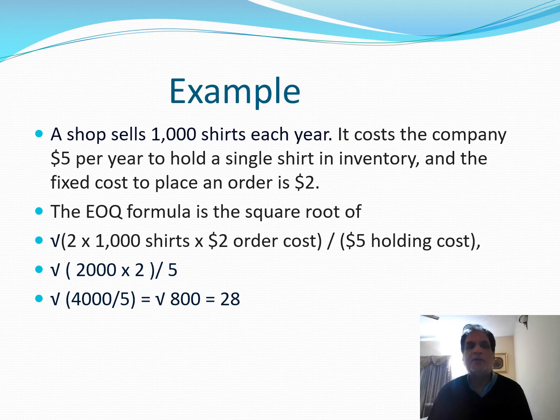So it becomes the square root of 2000 multiplied by 2 divided by 5. So the square root of 4000 divided by 5 becomes the square root of 800, which is 28. That is, we have to place orders of 28 to 30 shirts per order.